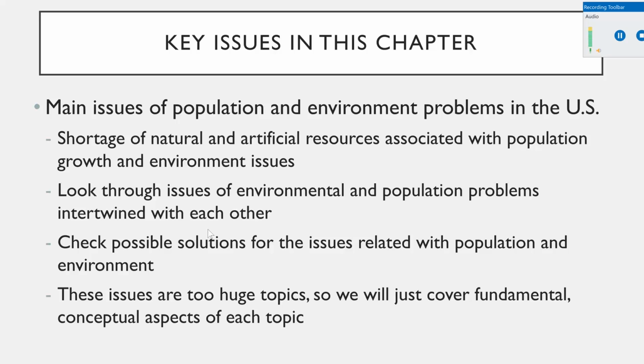We can look at how environmental and population problems are intertwined, because population problems can cause environmental problems and environmental problems can cause population problems. We can also check the possible solutions. Because population and the environment are two very wide and big topics, I will try my best to limit our scope to the problems in the US, not the global perspective.